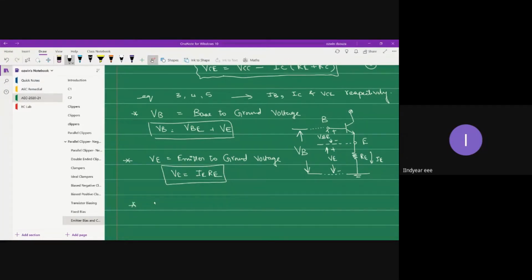All right. And finally, we have VC. VC is defined as collector to ground voltage.